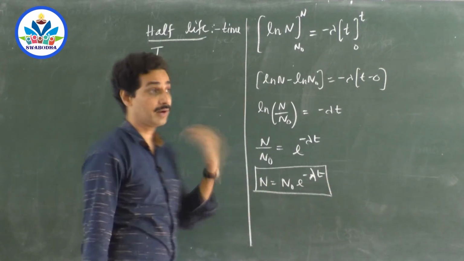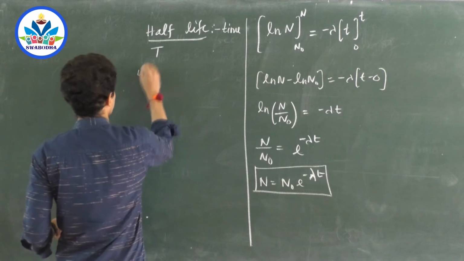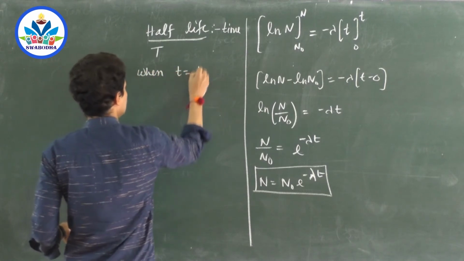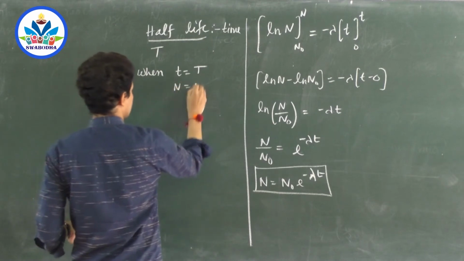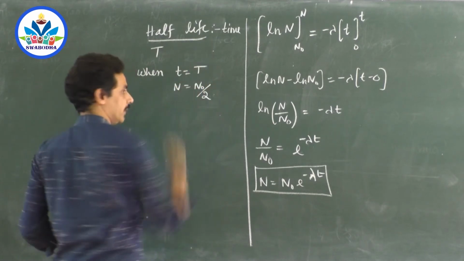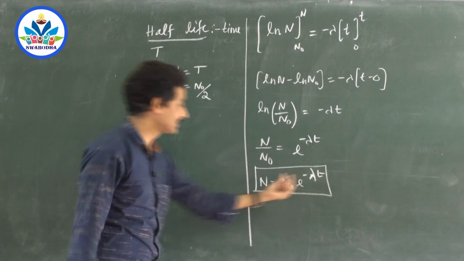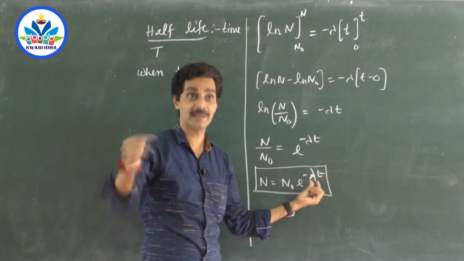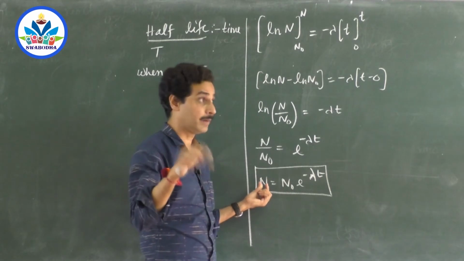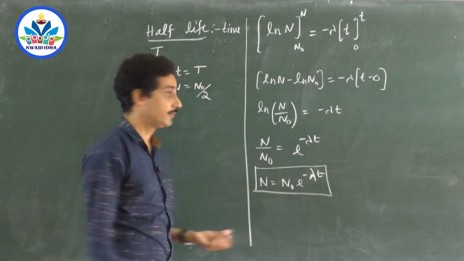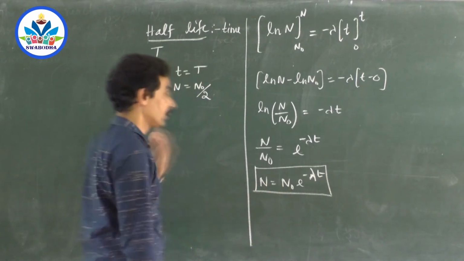But exactly for half-life, when time t is T, that is exactly half-life, the number of atoms remaining in the sample should be half of the maximum value, correct? If you take this time t as capital T, which is termed half-life, the number of atoms remaining after one half-life should be half of the maximum number, that is N naught by 2.